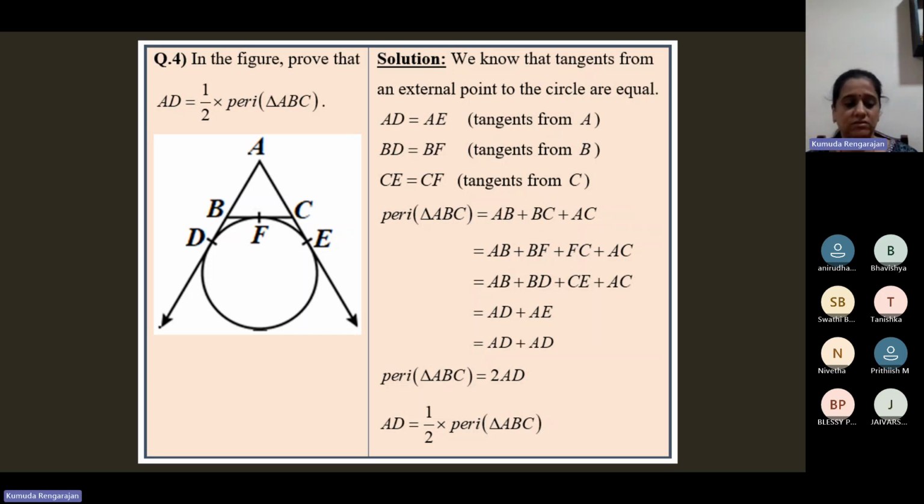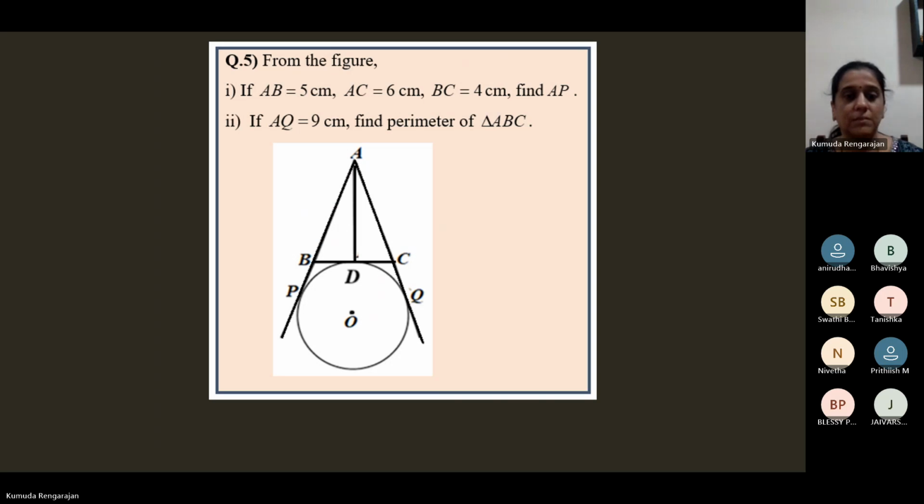So I think it's the same thing here. Yeah, this is similar, children.